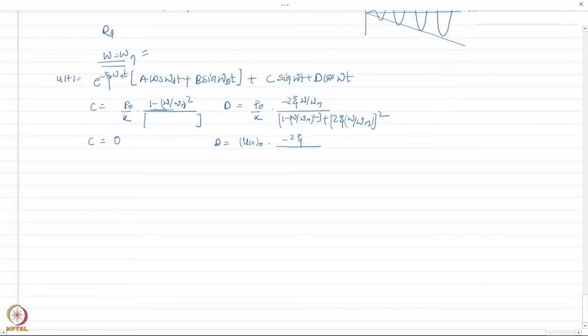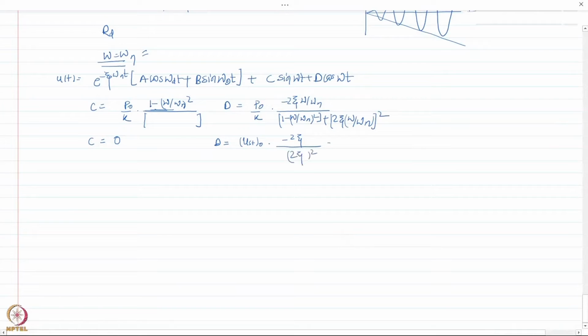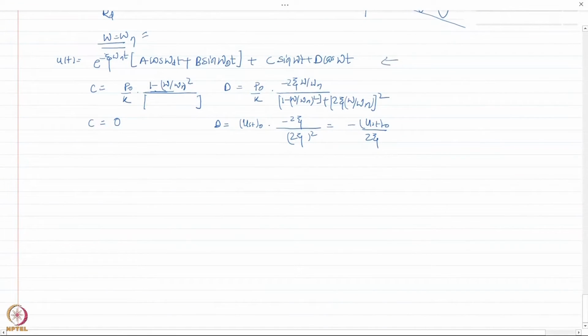So when I substitute this, I will get 2 zeta whole square, so D I would get as u_st0 divided by 2 zeta. Now if you substitute these in this expression here and utilize these initial conditions, let us say u of 0 and u dot of 0 equal to 0.